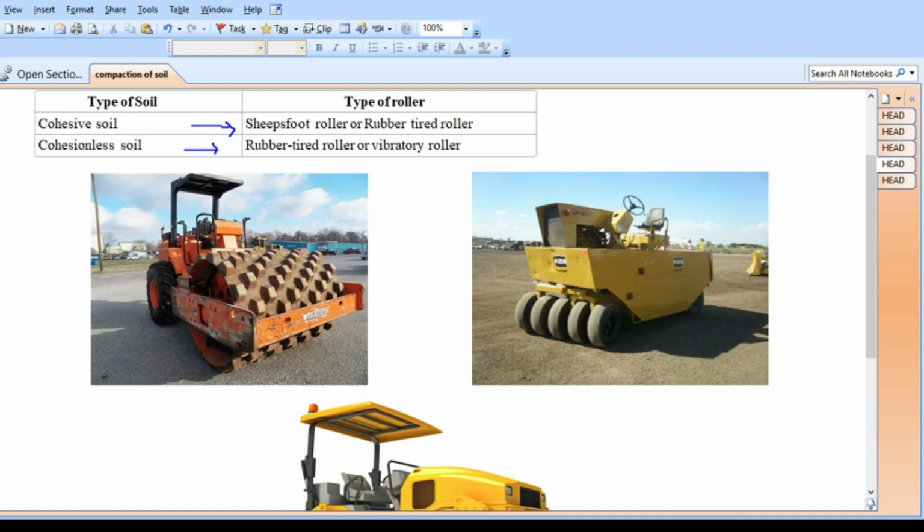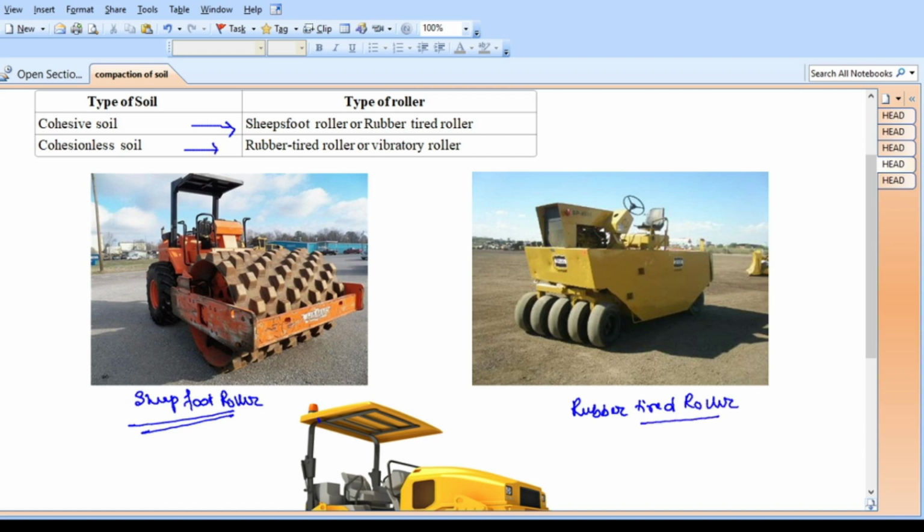In the diagram you are seeing, the first one is a sheep foot roller and is most common for cohesive soil. The second is the rubber tired roller, which is used for both cohesive as well as cohesionless soil.